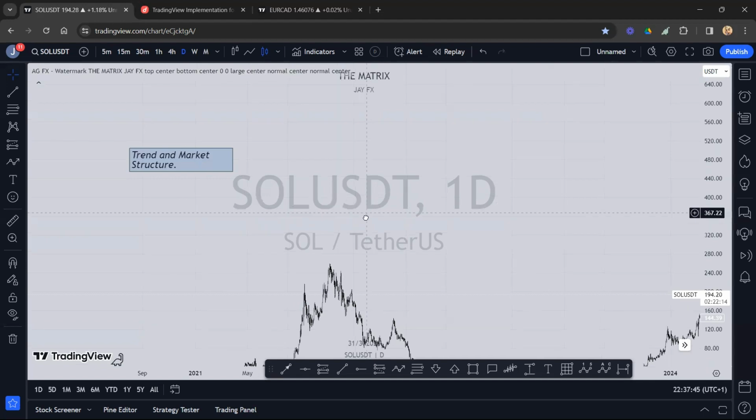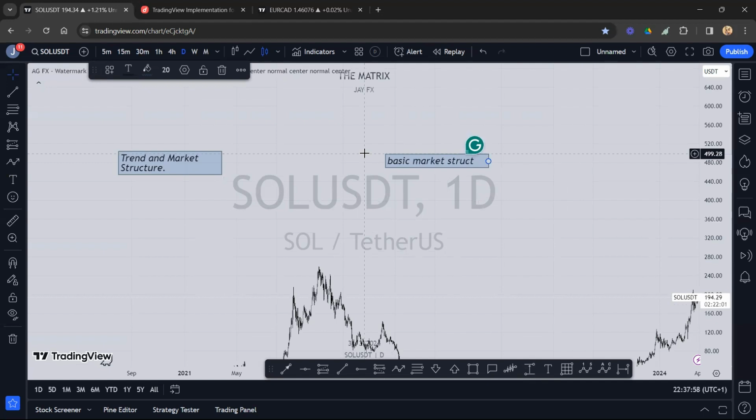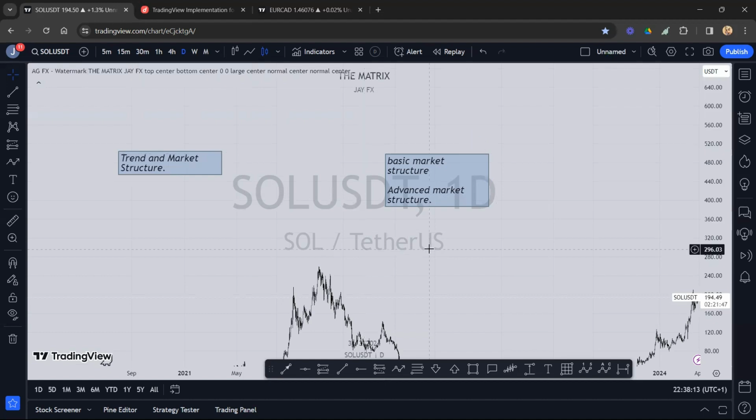All right, perfect. So now let's look at market structure. We have two main types of market structure: basic market structure and advanced market structure.